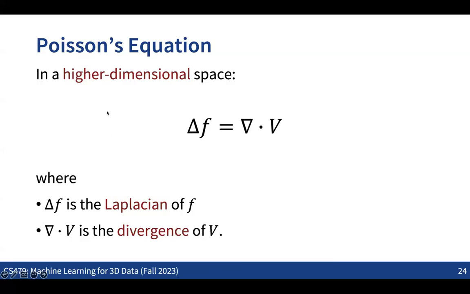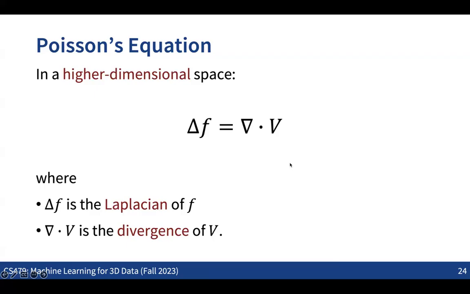When you have a high dimensional space, the function f which is minimizing the L2 difference is the function which satisfies this. So instead of taking the second derivative, now we are taking the Laplacian of the function here, right? The Laplacian of the function should be the same as the divergence of the gradient vector field in this case. So that's the output function that we want to get.